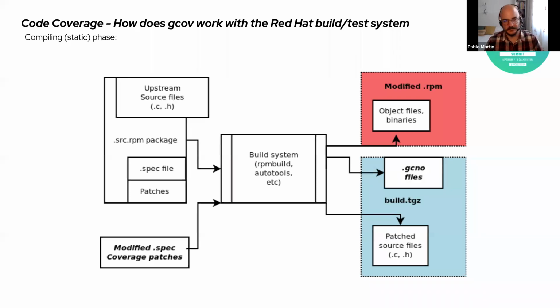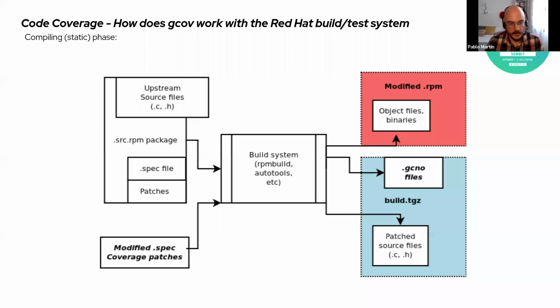So these are the same versions and the same source RPM packages as for Red Hat Enterprise Linux for the user space programs. Then we get a modified spec and the coverage packages. We add our own patch to the build process to have the options for code coverage.